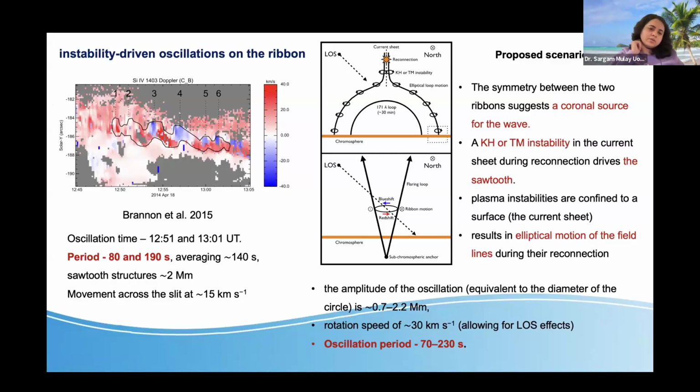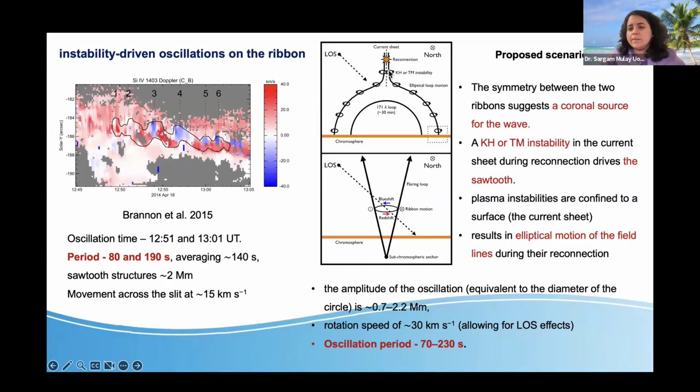Based on their results, they proposed a scenario that takes into account the overlying field lines. We have a reconnection region over here, and they assume that there might be a kink instability or the tearing mode instability appearing in the current sheet during the reconnection, and that might be driving the sawtooth kind of pattern at the flare ribbons.